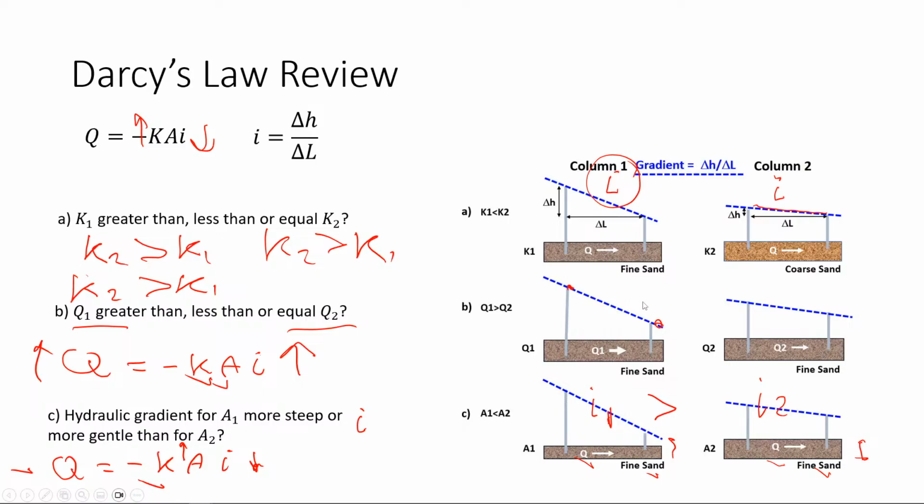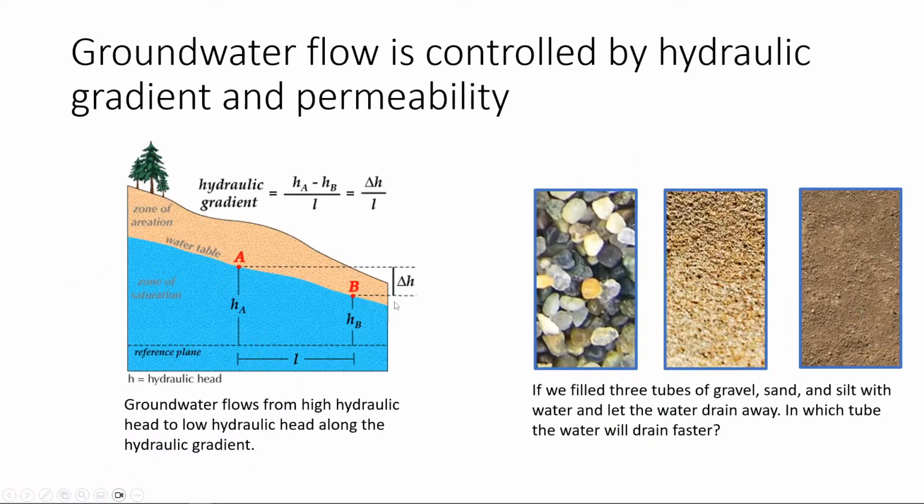With this, I will wrap up this video. Groundwater flow is controlled by hydraulic gradient and permeability. The steeper the hydraulic gradient, the more Q you will have, since Q is equal to negative K A I. The higher the K, the higher will be the Q. So you get more Q in gravel.